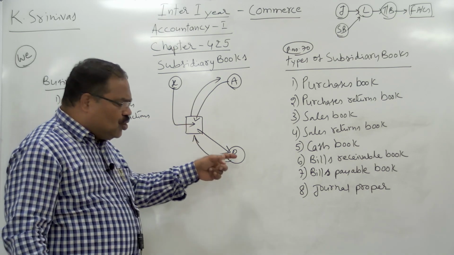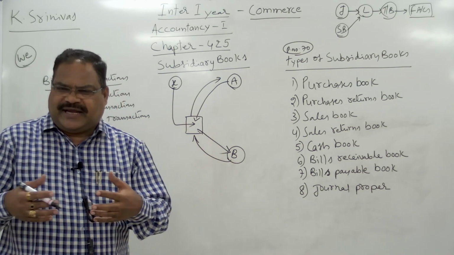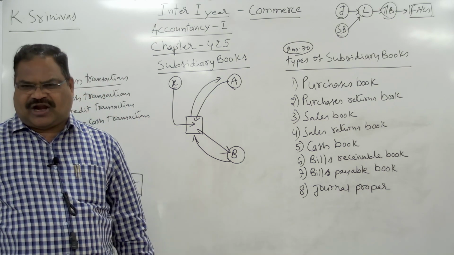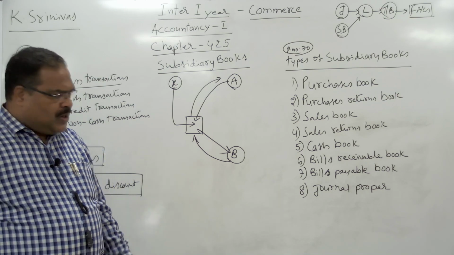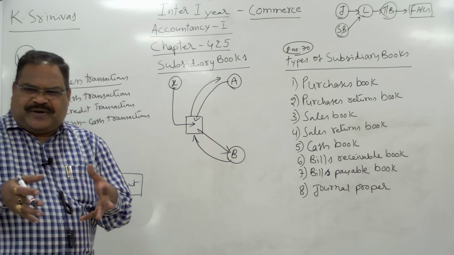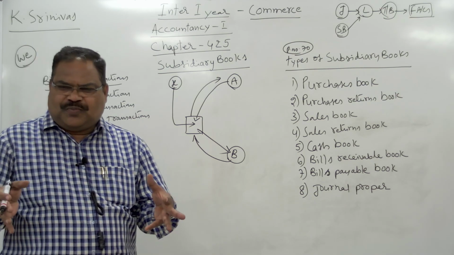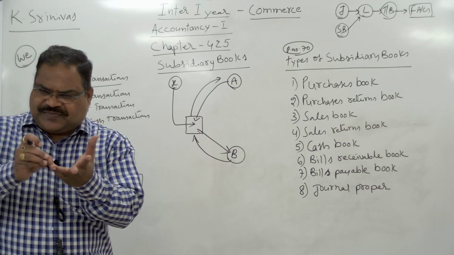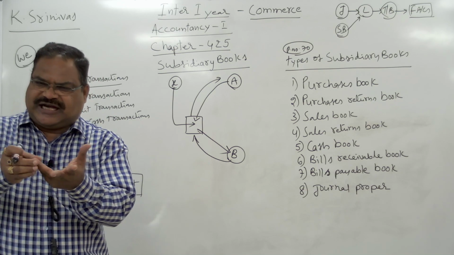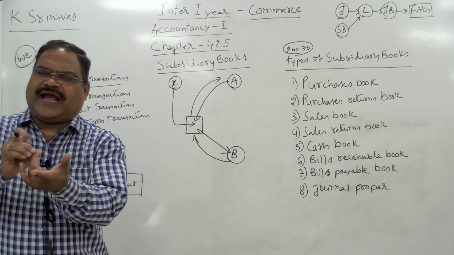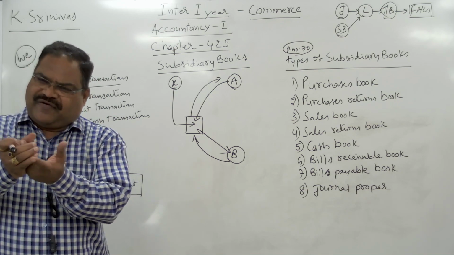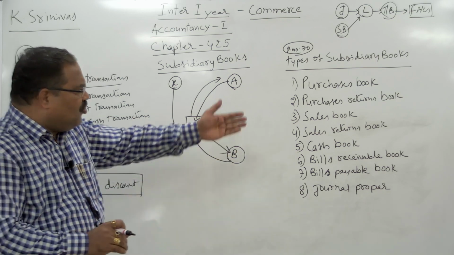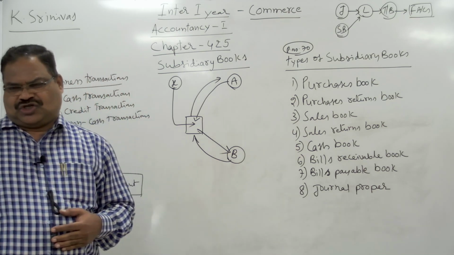Likewise, here we sold goods to Mr. B. I have taken one example here. We have so many customers, and so many varieties of transactions, but now I am talking about the differences between cash transactions, credit transactions, and non-cash transactions. Very soon you will know the importance of all these when we go into the subsidiary books.